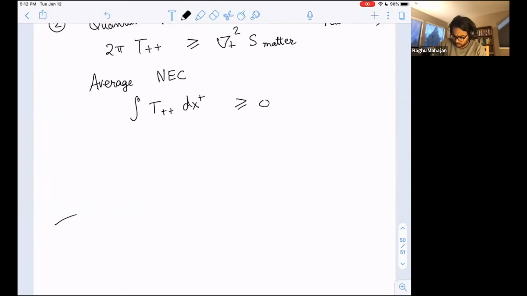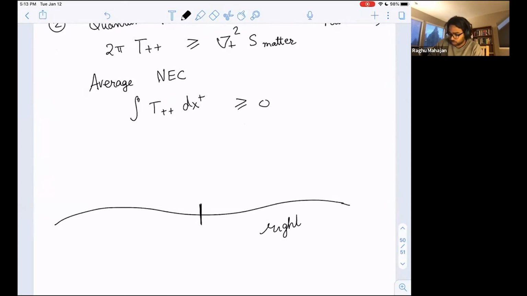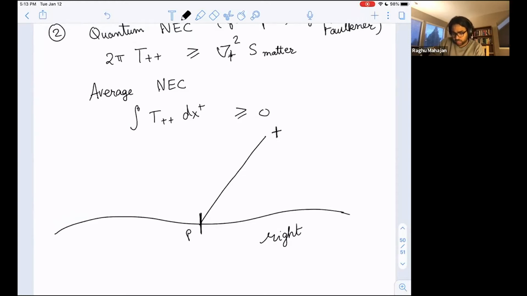So what happens is usually we have some space, and let's say we cut it in half. We are interested in the entanglement properties of the right-hand side. We can think of moving this point P here along the null direction, along the plus direction. So what this grad plus square of S matter is basically moving one endpoint of the interval of the region you're considering along a light cone direction. At a later point, you're taking the entropy of this region.